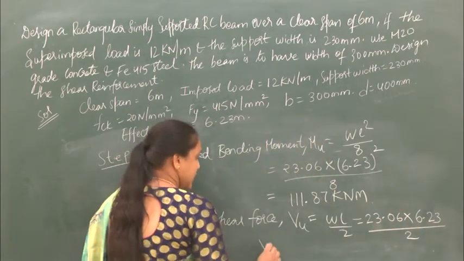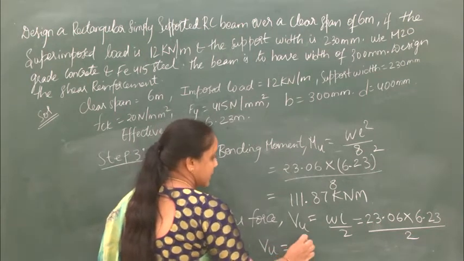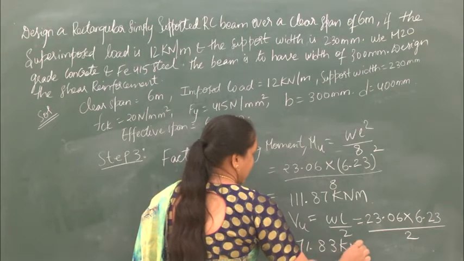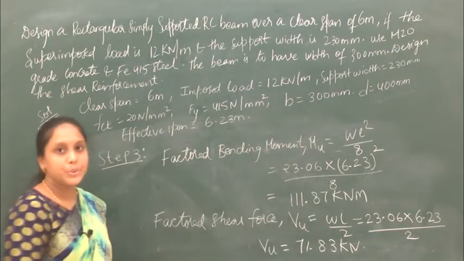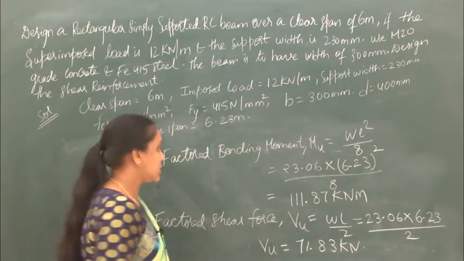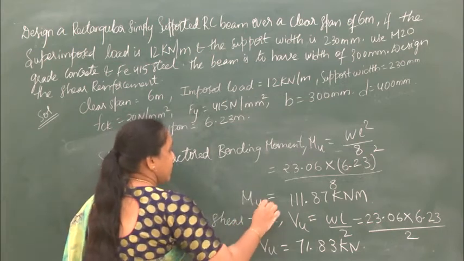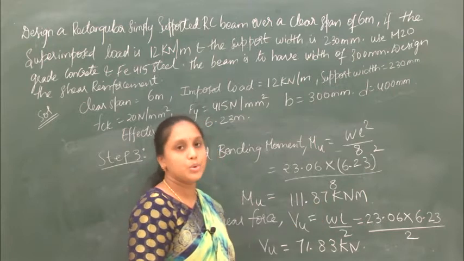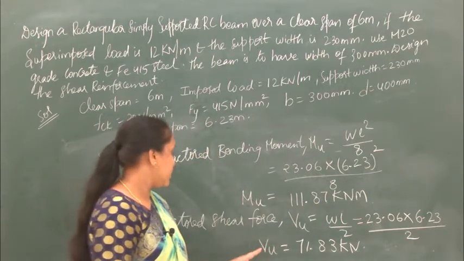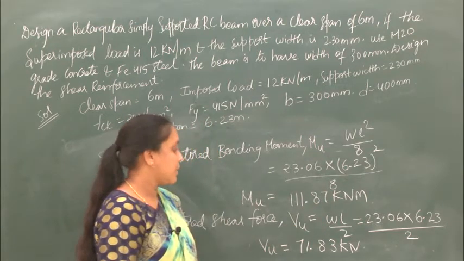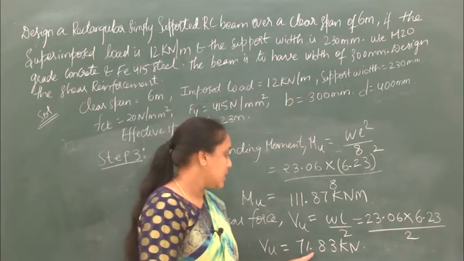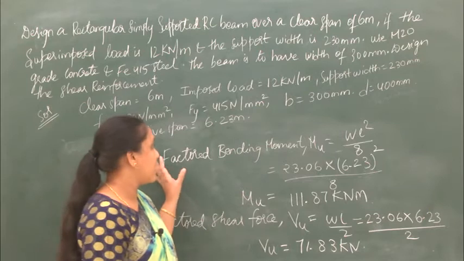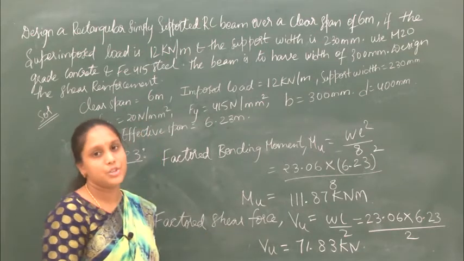If you solve this, you will get a value of Vu as 71.83 kilonewton. So this is your factored bending moment Mu, which is 111.87 kilonewton meter, and the factored shear force Vu, which is 71.83 kilonewton.